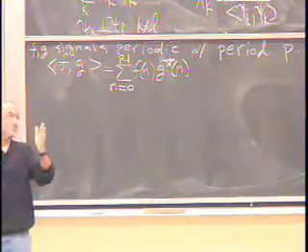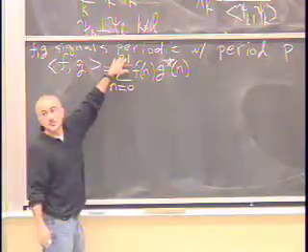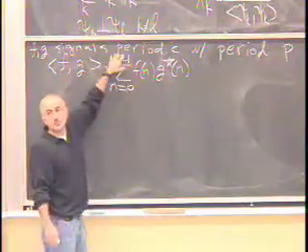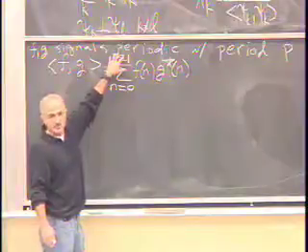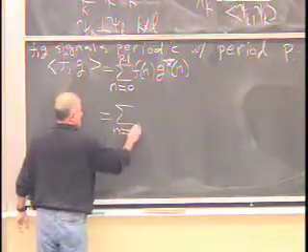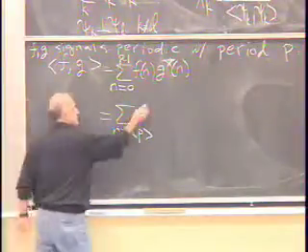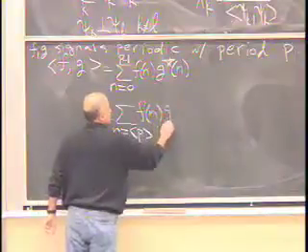So instead of 0 to p minus 1, I could have picked minus 1 to p minus 2, minus 2 to p minus 3. So in general, we use this notation to denote the inner product of two periodic signals of period p.